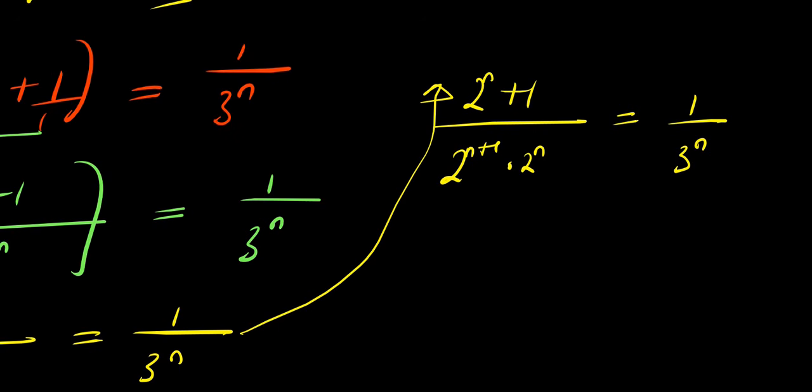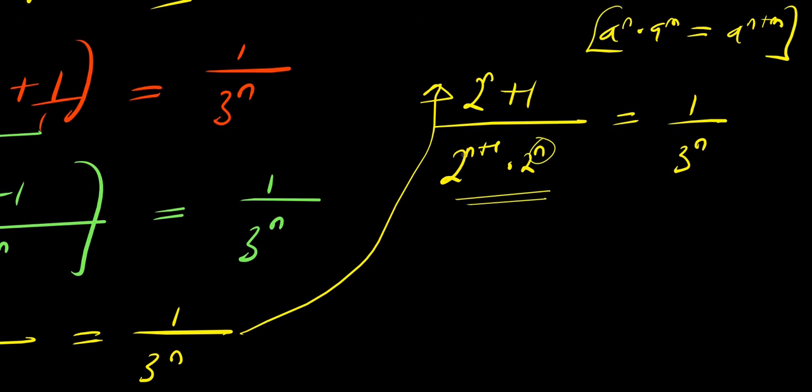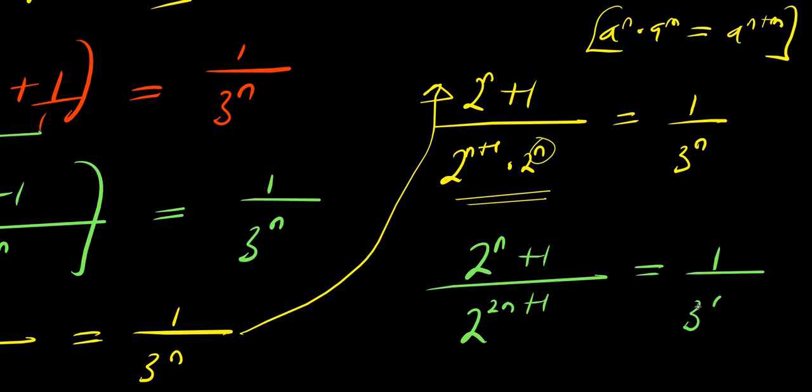Now remember, if you have a^n times a^m, this equals a^(m+n). So we apply this identity right here at the denominator. We add n plus n, which is 2n. So what we are going to have left here is 2^n plus 1 divided by 2^(2n) plus 1, and this equals 1 divided by 3^n.